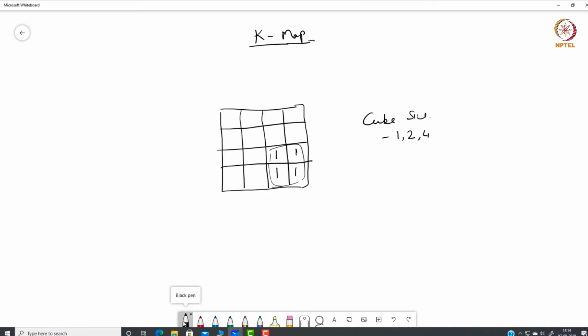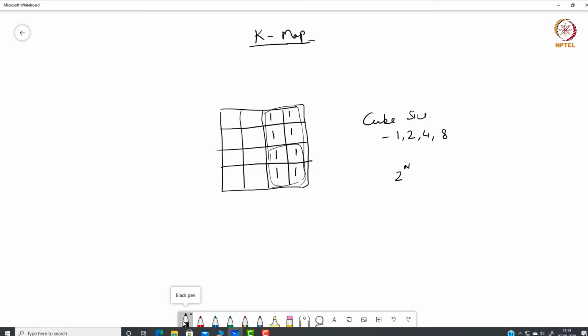Similarly, if there are 8 min terms which are close to each other, they can form a cube of 8. So the size of a cube can generically be only 2 to the power n.